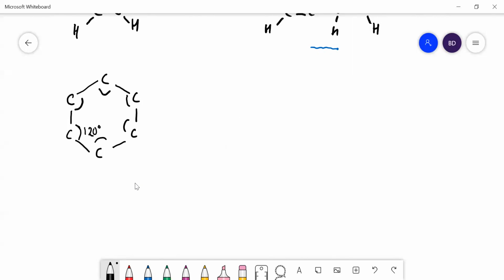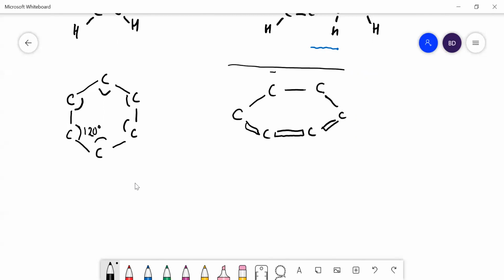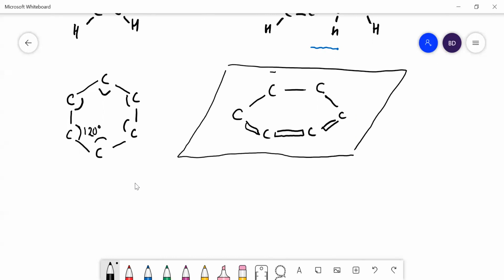So let's draw benzene, in side-on view. Here's our carbons. I'll draw these with a bit of depth to show that we're looking at it side-on. And this is flat. So I do my usual little thing to show it's flat, a piece of paper. They're all fitting on that piece of paper, flat.